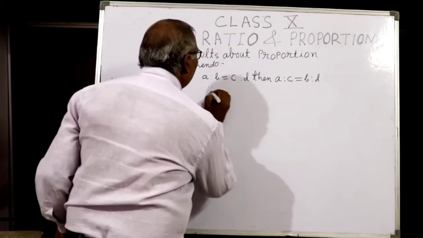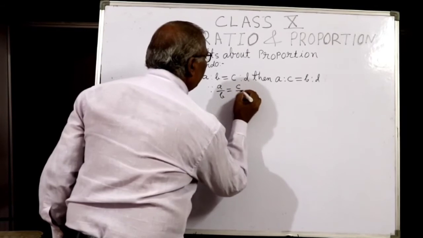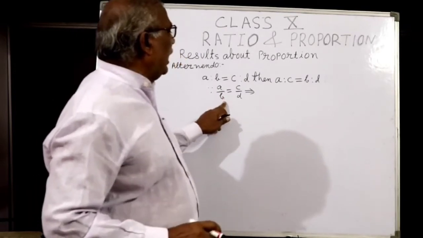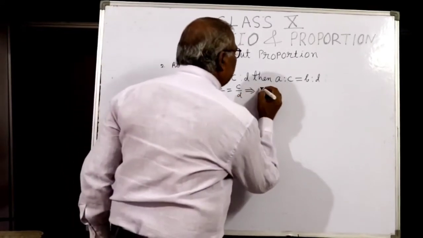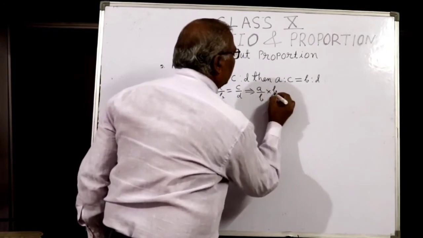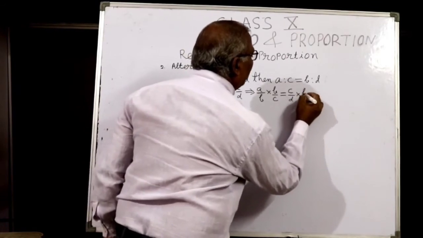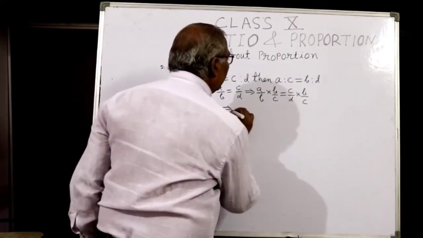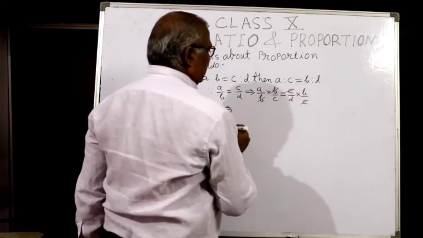Since A upon B is equal to C upon D, this implies that if we multiply both sides of the equality by B upon C, then we get A upon B into B upon C is equal to C upon D into B upon C. This implies that this B and this B is cancelled and this B and this B is cancelled.